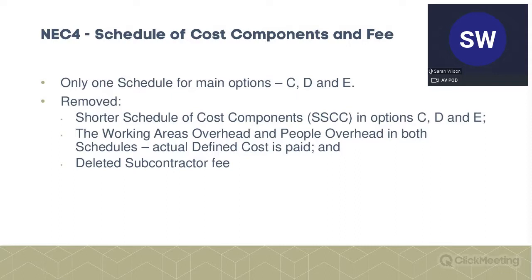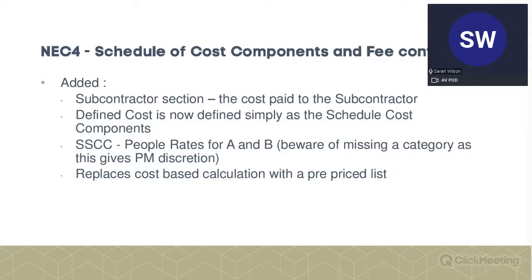And the final one is the subcontractor fee has been deleted, which I think helps, because it avoids a lot of confusion that we've had about that subcontractor fee. What has been added to the schedule of cost components for both of them is a subcontractor section. So having gone on about 7 sections, there are now 8 sections for NEC4.